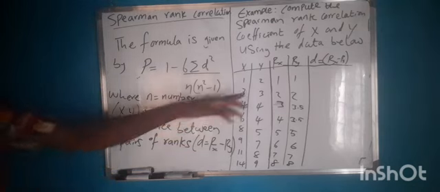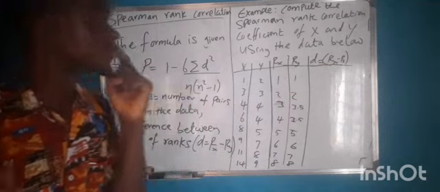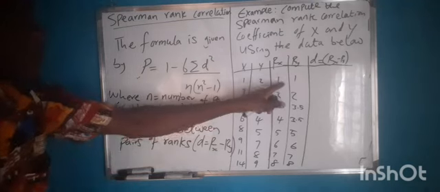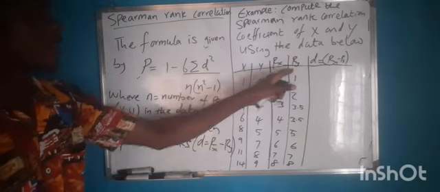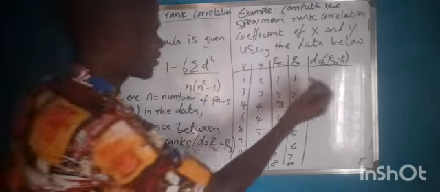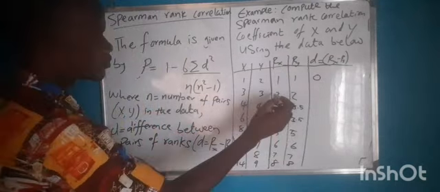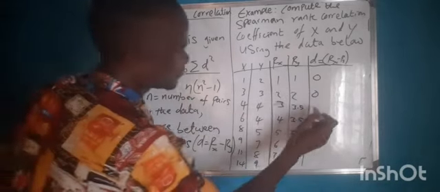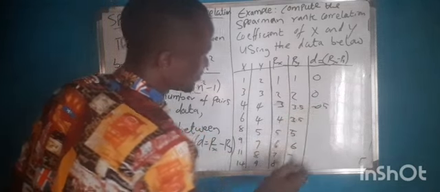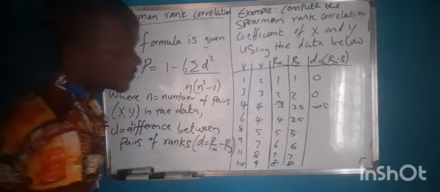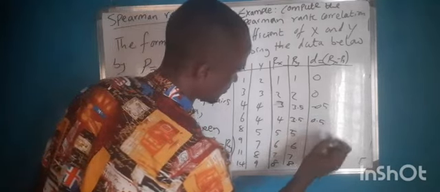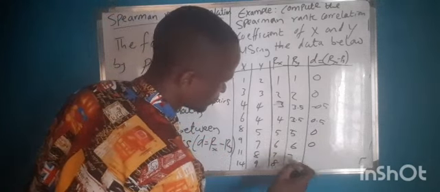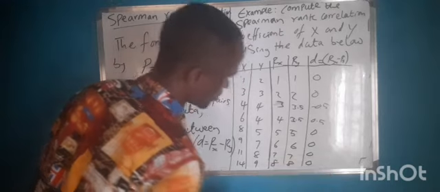So 1 minus 1 will give us 0. 2 minus 2 will give us 0. 3 minus 3.5 will give you minus 0.5. 4 minus 3.5 will give you 0.5. 5 minus 5 will give us 0. 6 minus 6, 0, 0, 0.